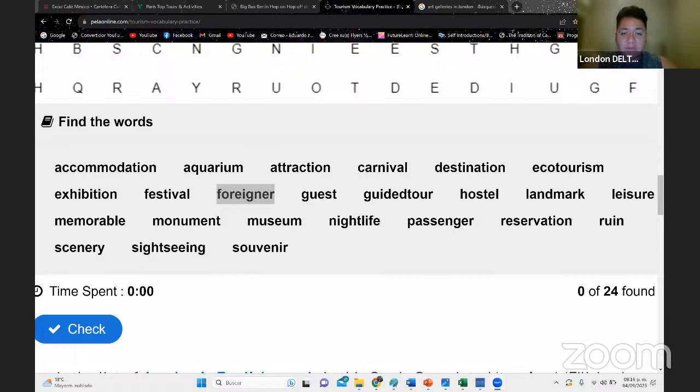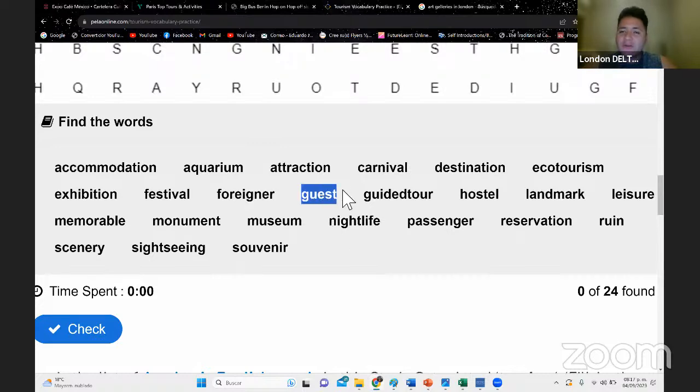So foreigner is the person that lives in other countries. Es un extranjero. Foreigner, extranjero. All right, so if you go to their country, you will be the foreigner. If another person from another country comes here, they are foreigners. Guest, what is the meaning of guest? Invitado. Okay. Very well, so you are in the hotel, you are a guest of the hotel.